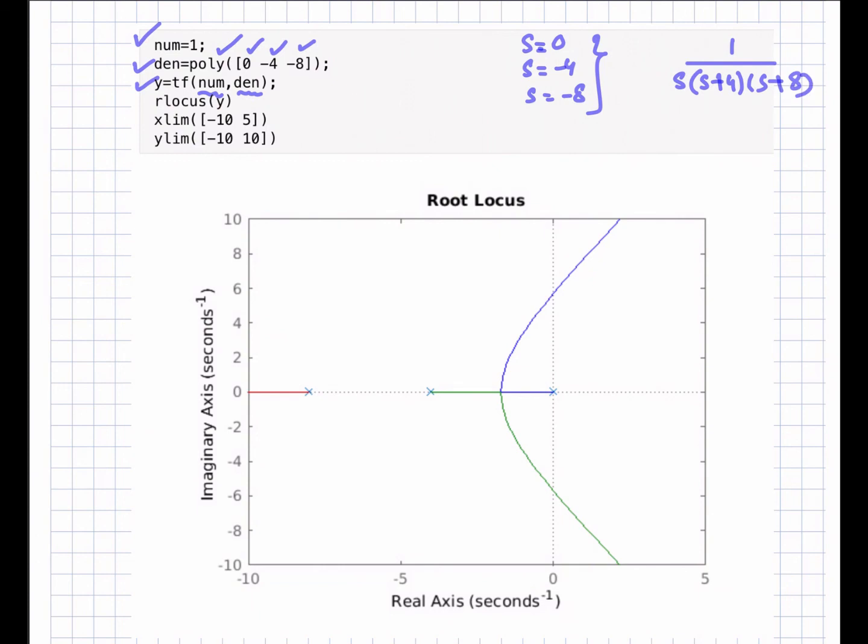Let's suppose that is equal to y of s, right? So y of s is this one. And then using the MATLAB root locus command, we sketch this transfer function, and then these commands set the limits over the x-axis and the y-axis so that we can properly observe. So we have sketched it, and here you can see the MATLAB plot. These are the three poles.